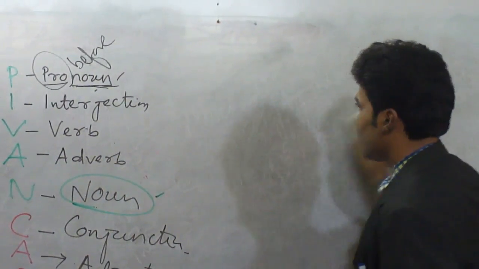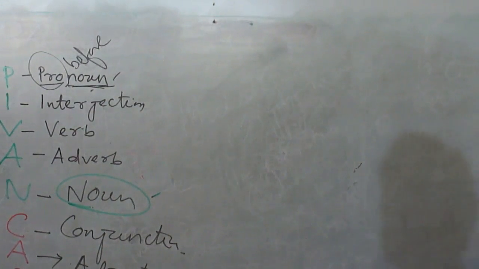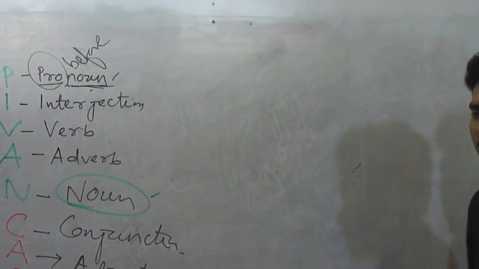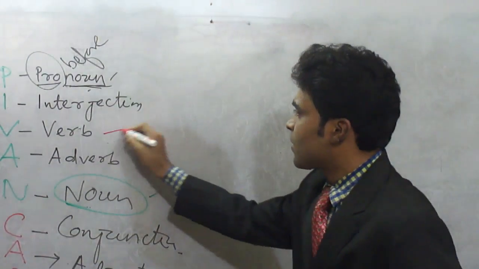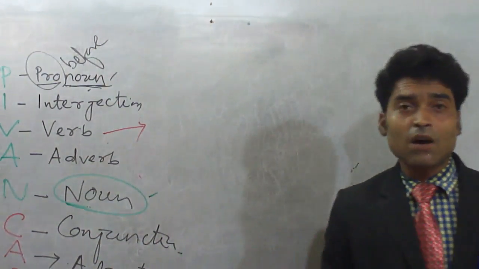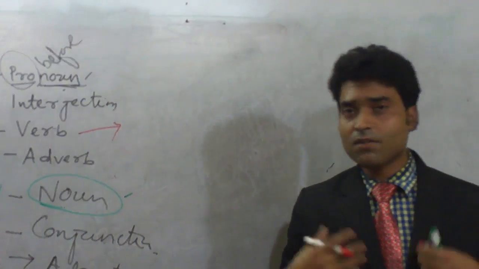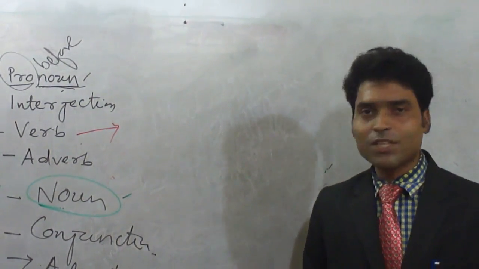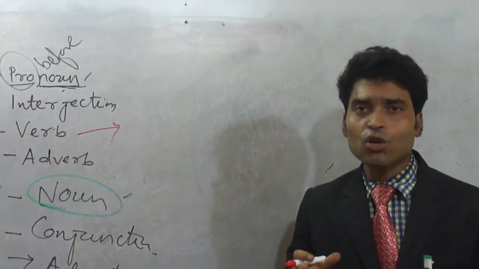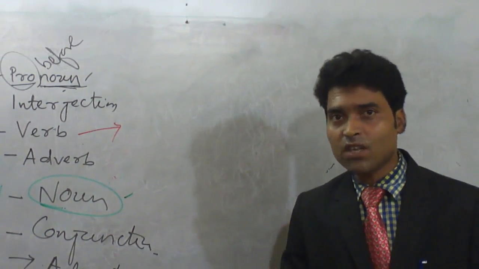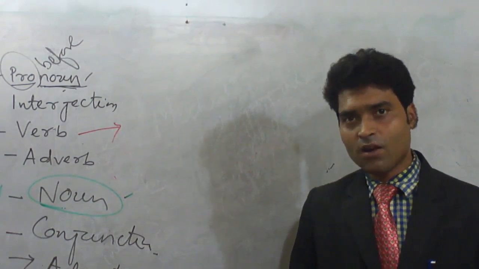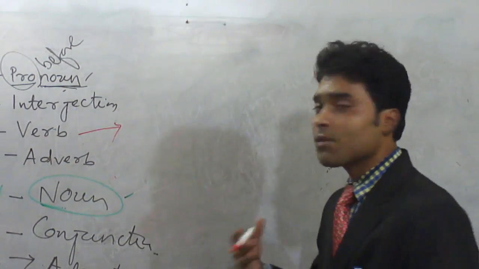All right. Now we'll discuss another thing, that is verb. Then we'll discuss interjection. What is verb actually? Whatever a noun does, or a pronoun does, the action part is known as verb. Verb means doing something, the action part. So who does some action?